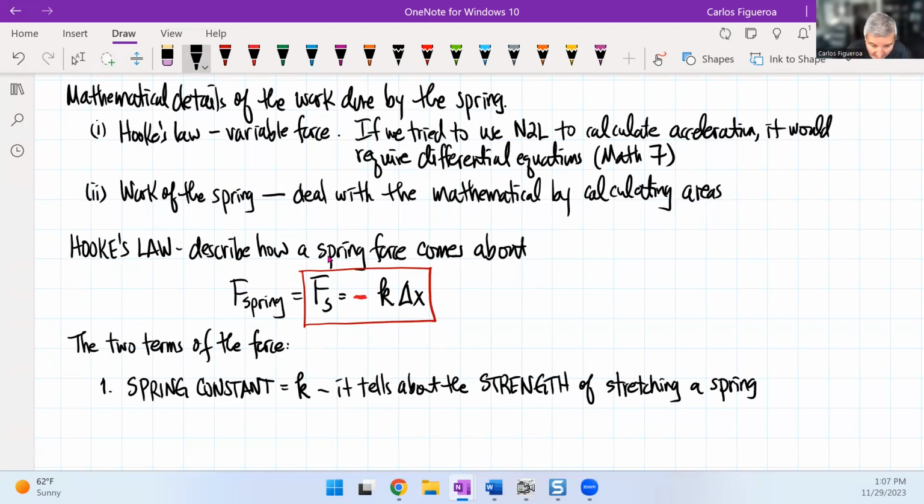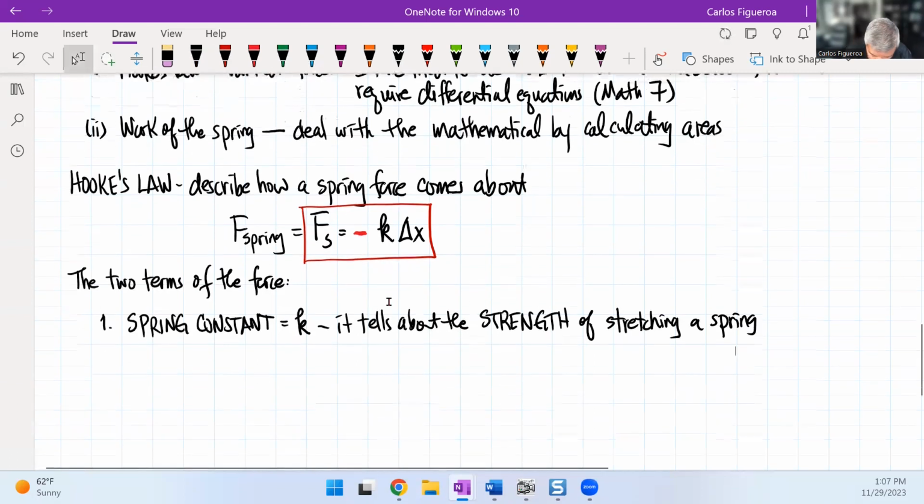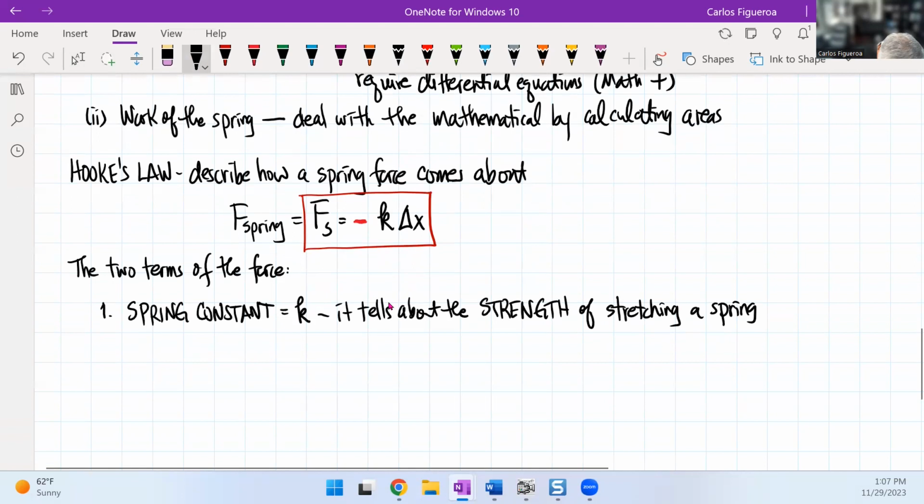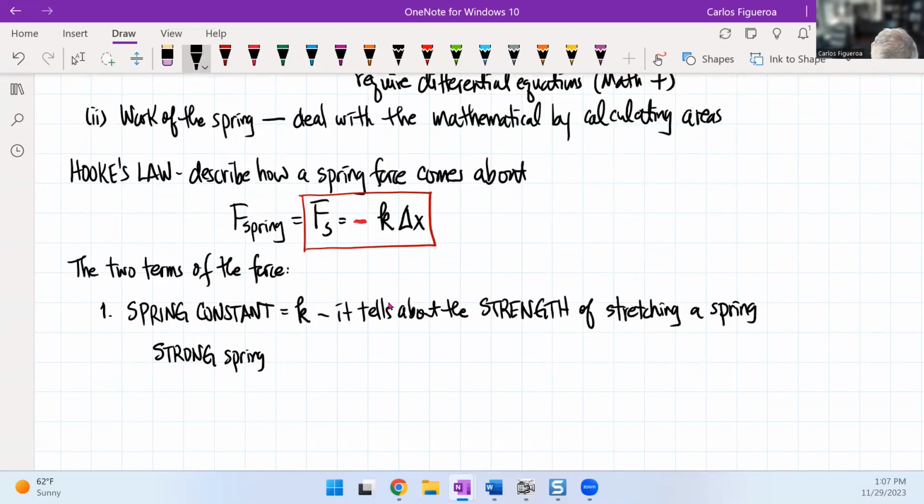Picture-wise, what would be a strong spring? What about a car spring, like a car shock system? Those are very strong springs. If you have a strong spring, that means it's hard to compress or stretch.